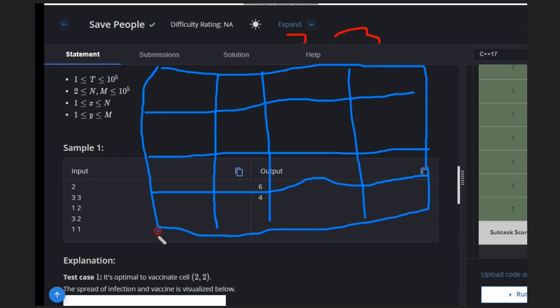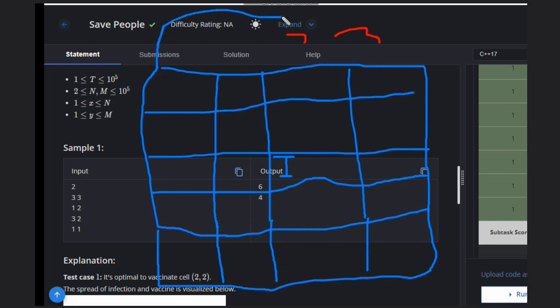Or we may include one more. Suppose the infected cell is at this position. So we have choices. Let it be here. We can include one more row for better understanding.